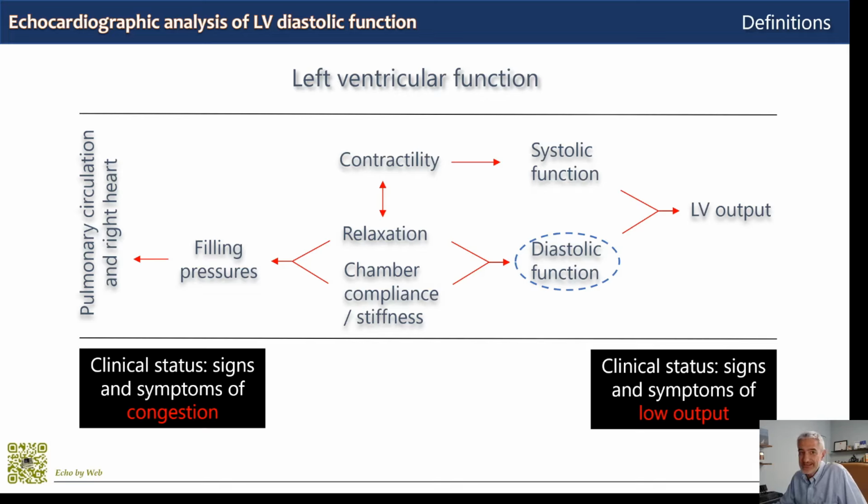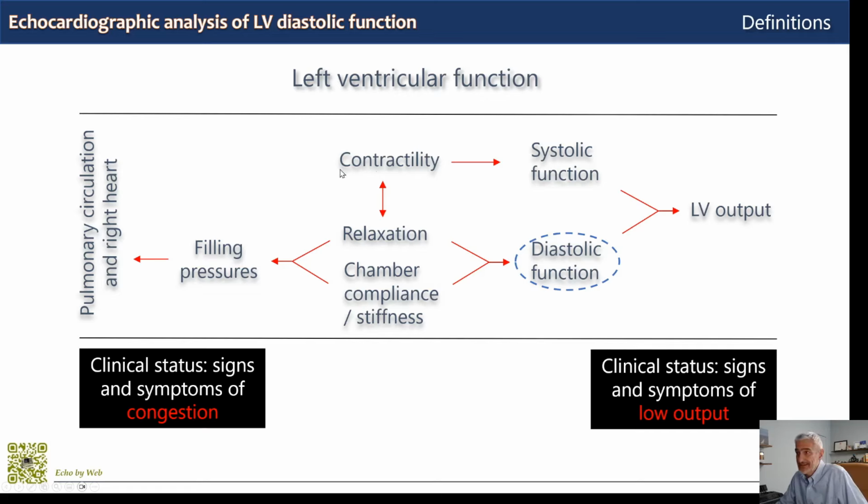What else does this chart here tell us? In physiopathology, the main difference between systole and diastole is that the analysis of systolic function up here is easier. There is only one main determinant, contractility, which determines systolic function, in our case, ejection fraction.